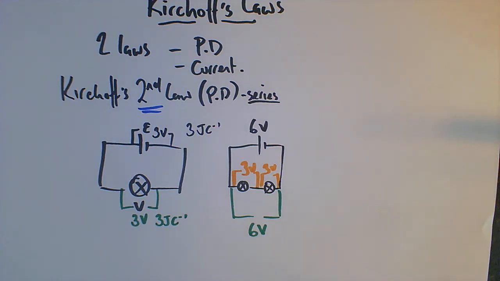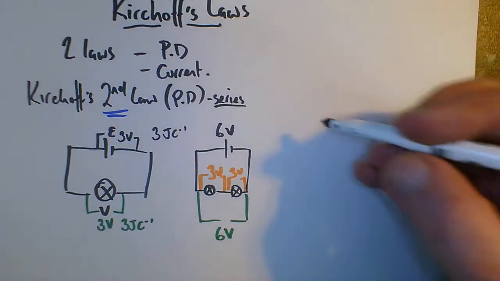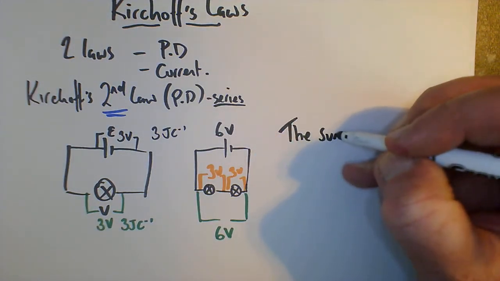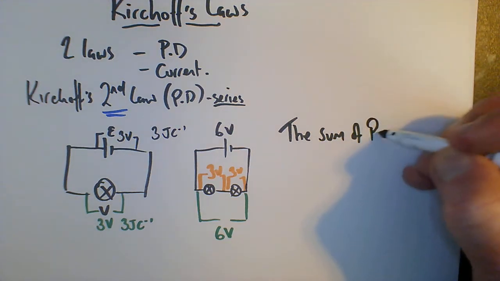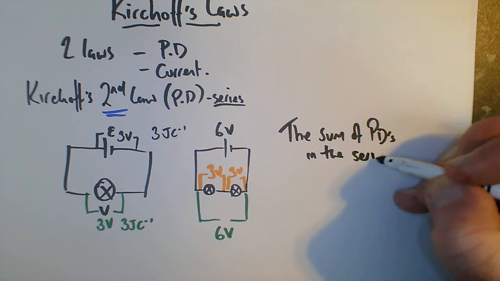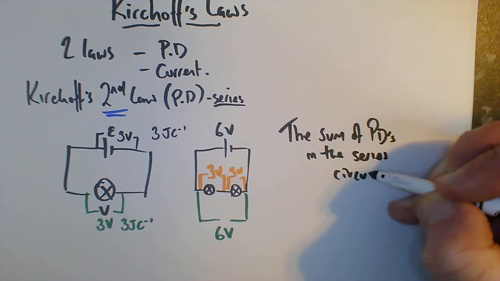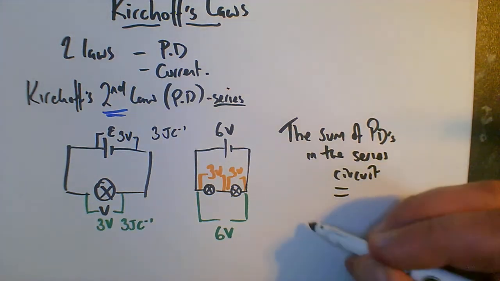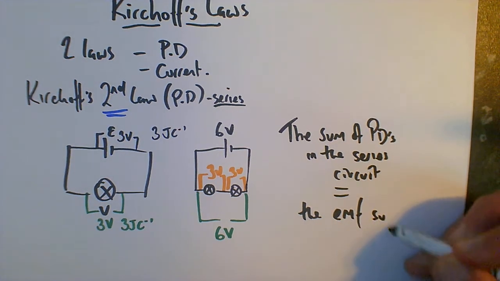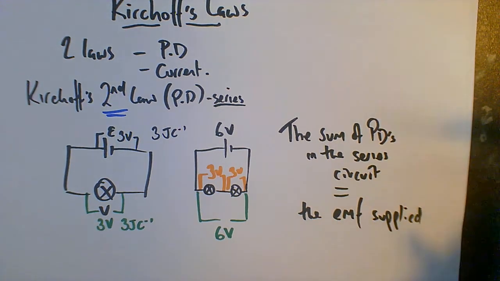So this is essentially what Kirchoff's second law is. It kind of summarises as this: the sum of the PDs in the series circuit is equal to the EMF supplied. Right?